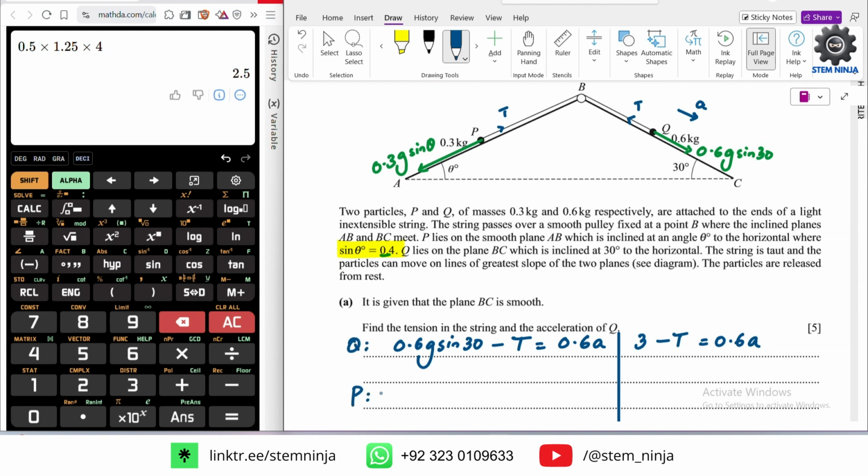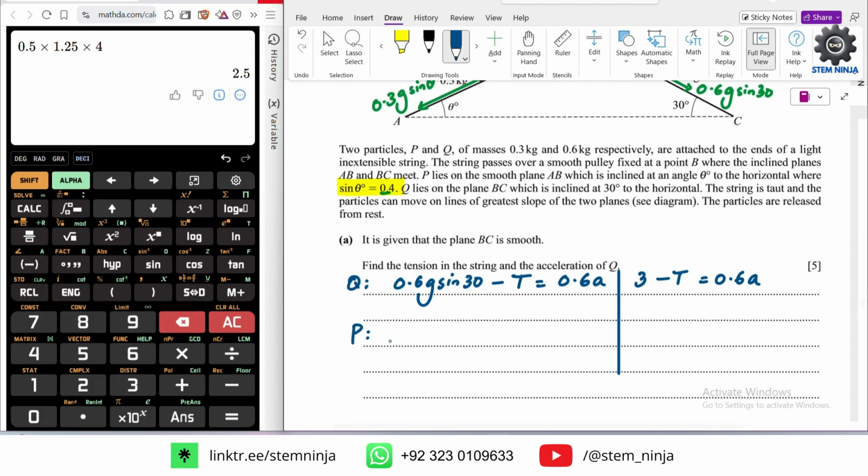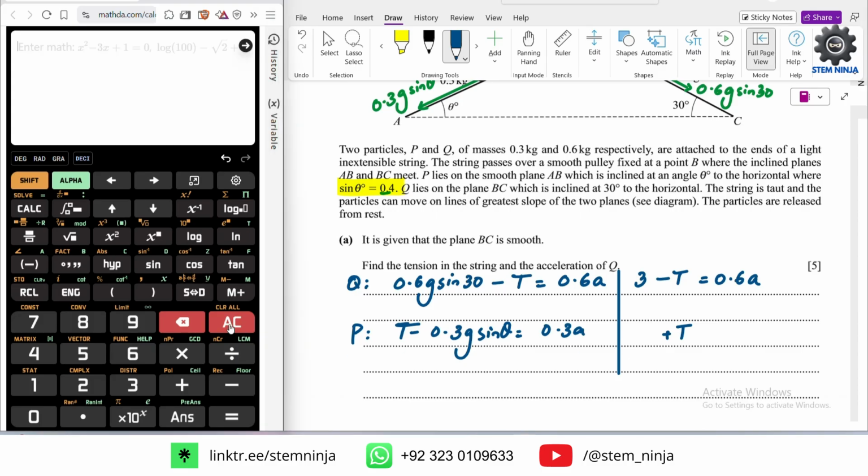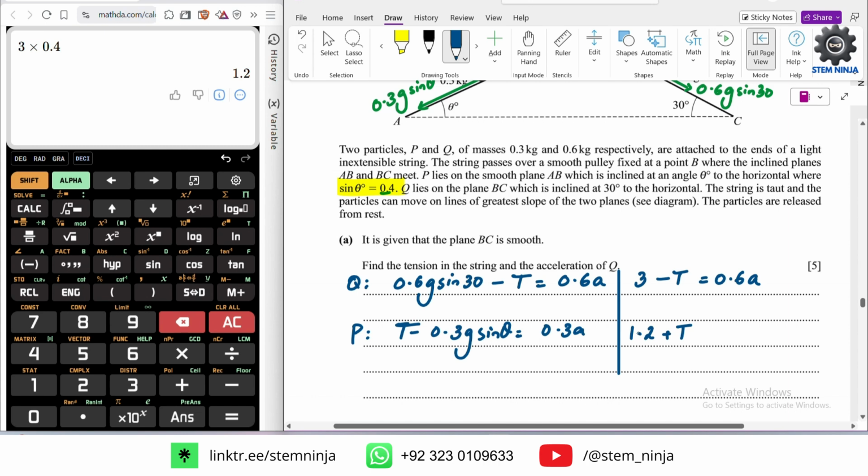Now for P we need T minus 0.3 g sine of theta equals 0.3a. So this is going to be T, and 0.3 times 10 times 0.4, that is 1.2, minus, equals 0.3a.